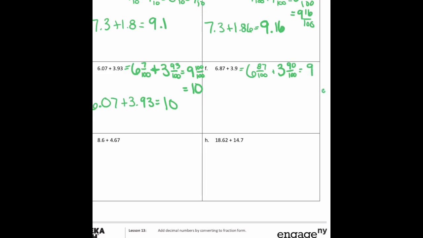And the 87 plus the 90, if I add those over here, 87 and 90, give you 177. So 9 and 177 hundredths. Well, if I take out 100 hundredths to get to the next whole, I'd have 10 and 77 hundredths. Or if I did it in decimal version, it'd be 6.87 plus 3.9 equals 10.77.